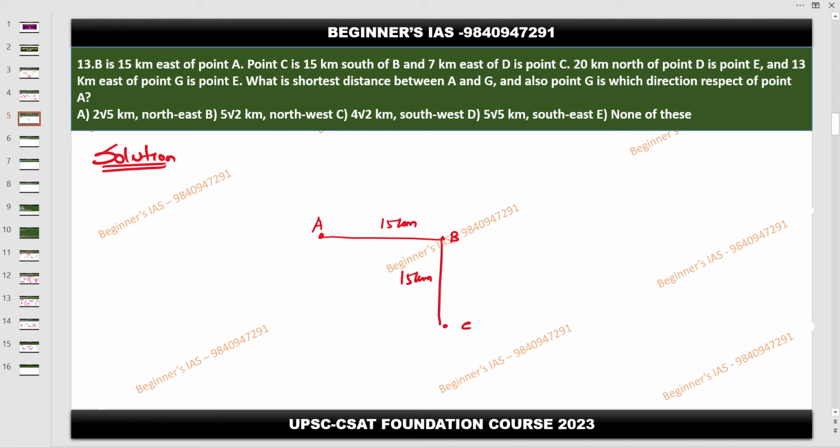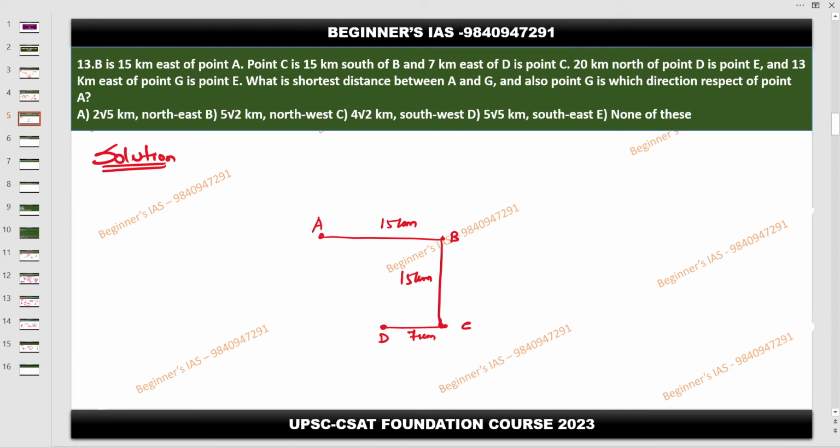And 7 km east of D is point C. So therefore east of D. So this is the east of D. This is 7 km. 20 km north of point D is point E. So this is C. Okay.